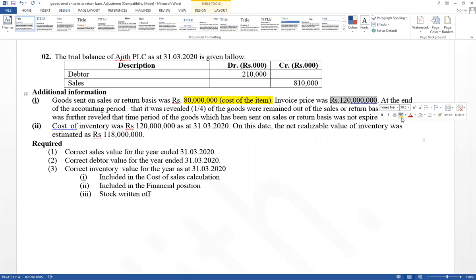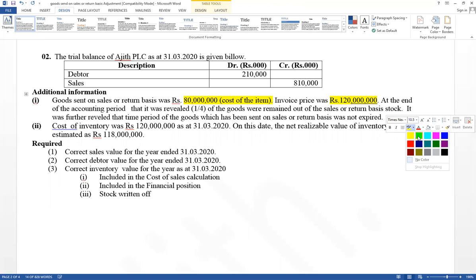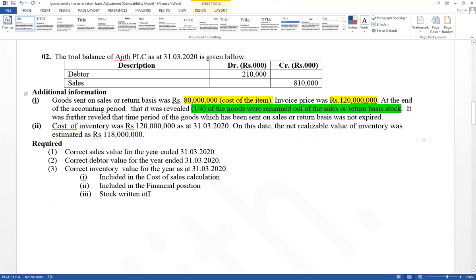This is the selling price. At the end of the accounting period, it was revealed that 1/4 of goods remain out of the sales or return based stock, which means not sales, 1/4. In this example, it is not given clearly whether recorded or not.